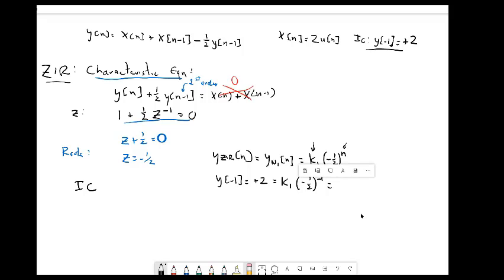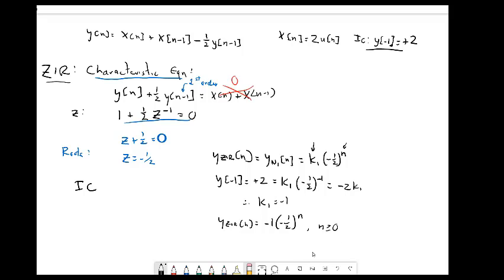So this is like minus 2 k1 equals plus 2. So k1 must be minus 1. And our zero input response has to be minus 1 times minus 1/2 to the n. And that's going to be true for n greater than or equal to 0.